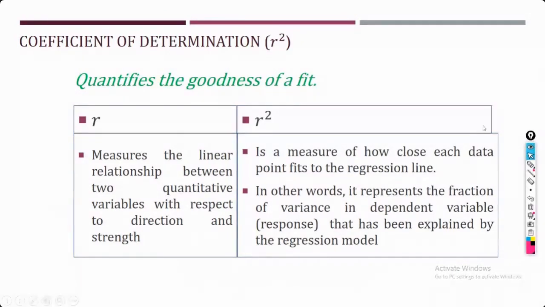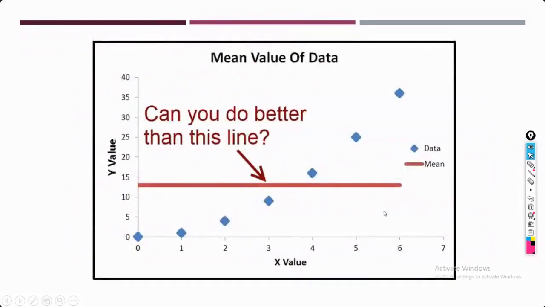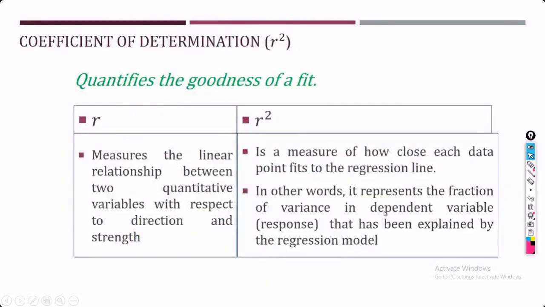So R squared tells us how close each data point is to the regression line, or in other words, the amount of variation present in your response, that is your dependent variable, that has been covered in your model. This way we quantify the performance of my regression model.